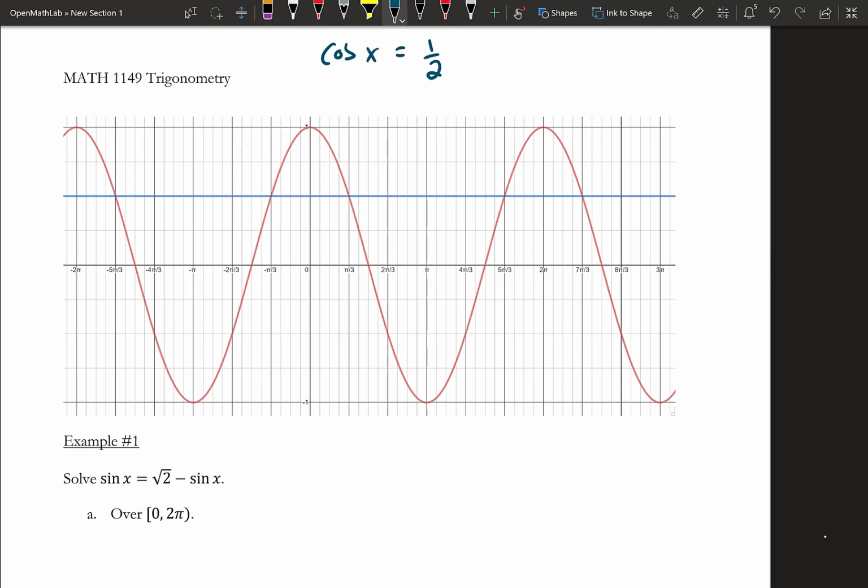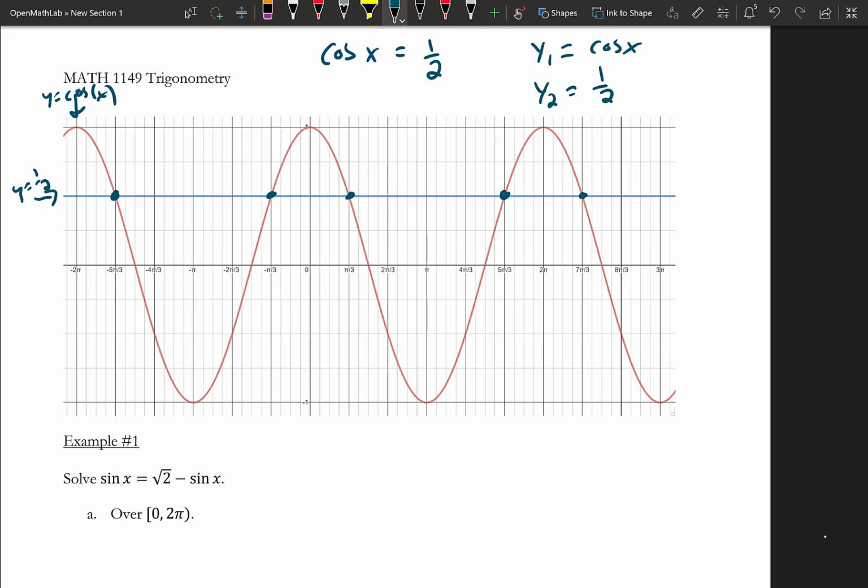In y1, I put cosine of x, and in y2, I put 1/2. So this blue line is y equals a half, and this red line is cosine of x. At the points where they intersect, these are solutions for that equation. It's just another way of finding those.